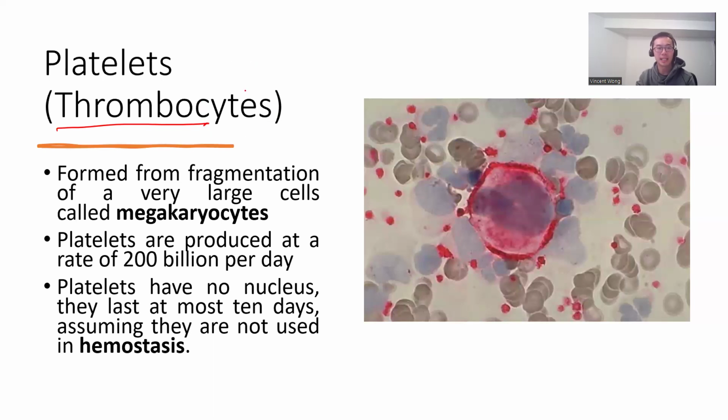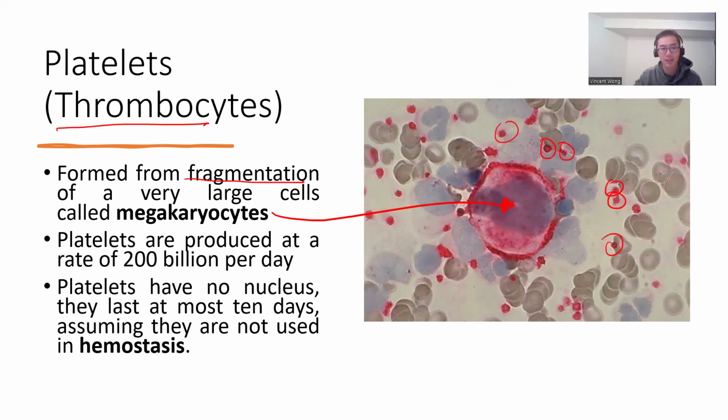So the platelets are different in the sense that they are not really cells themselves. Rather, they are fragments that are broken off from a much bigger cell called the megakaryocyte, which is this guy right here in the middle. Mega is big, right? So bits and pieces break off from it, and that's how you get the platelets.